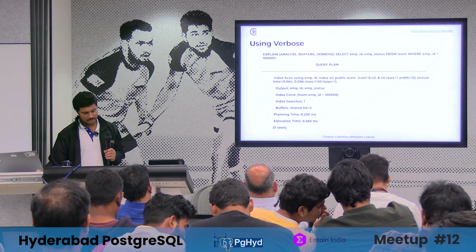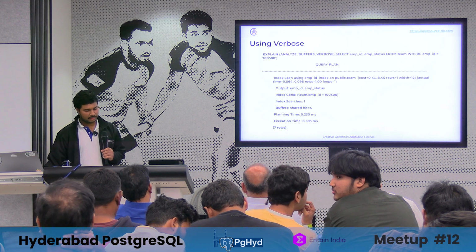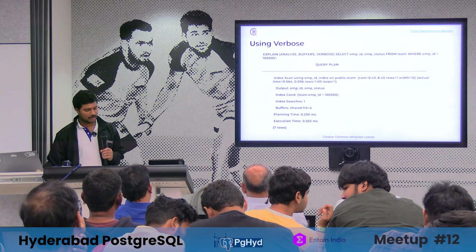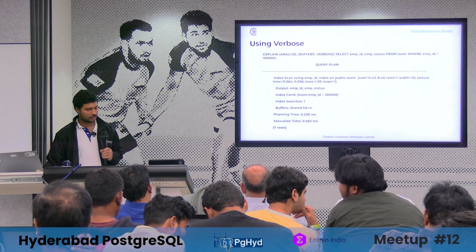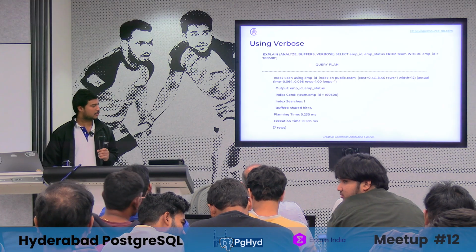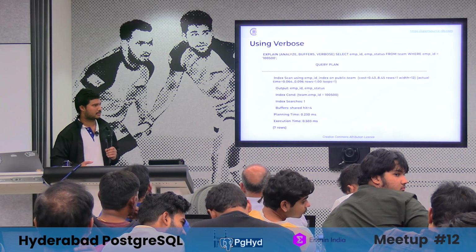Here we can see, after we give verbose, it showcases the output of the employee ID and employee status. The condition was team ID equals 1000. These are the two columns it's accessing the data from.